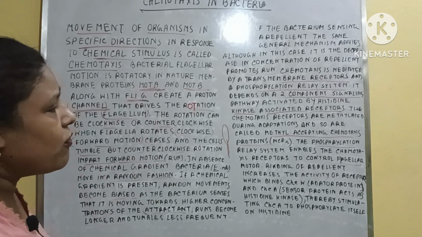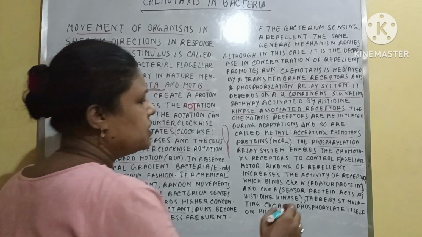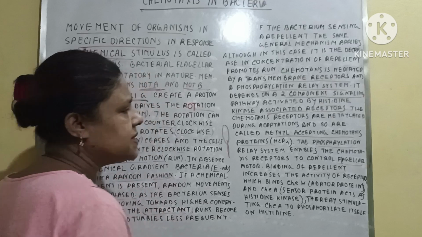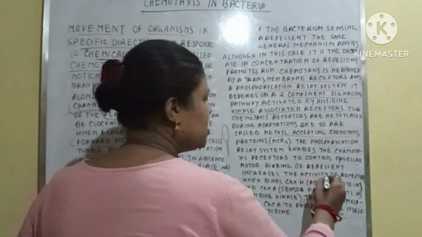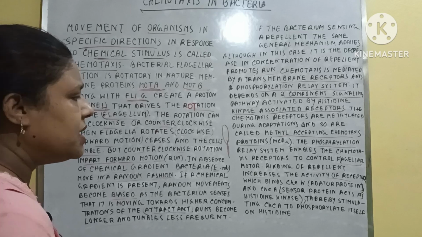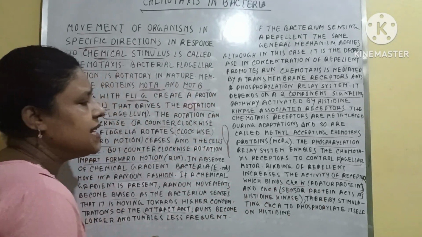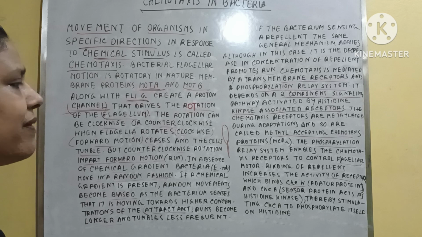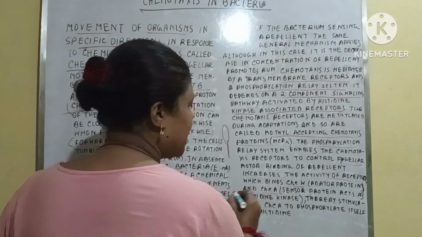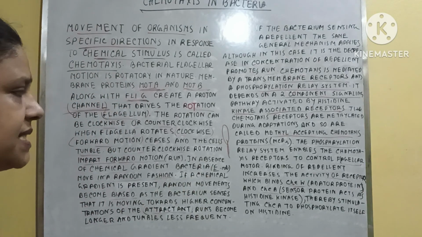So binding of repellent increases the activity of the receptor. When the repellent binds with the receptor, the activity of the receptor increases. And it binds CheW, which is one kind of adapter protein, and also CheA, that is the sensor protein, and it acts as the histidine kinase.